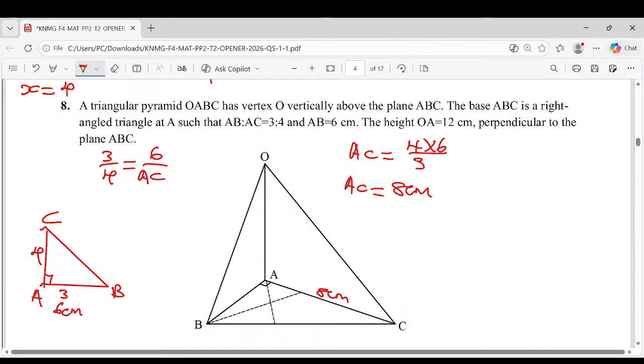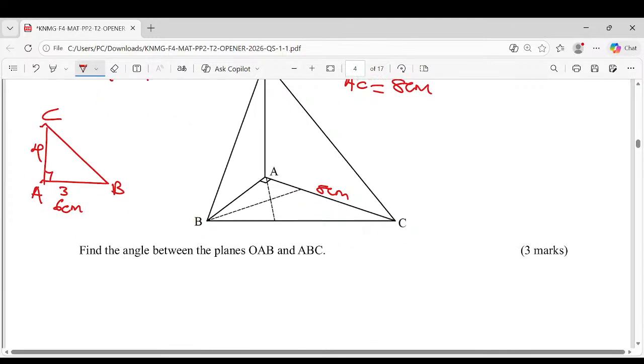After getting that measure as 8 centimeters, identify the line of intersection between planes. Remember, how do you get the angle between two planes? The angle between two planes is found by getting the angle formed at the line joining the two planes.